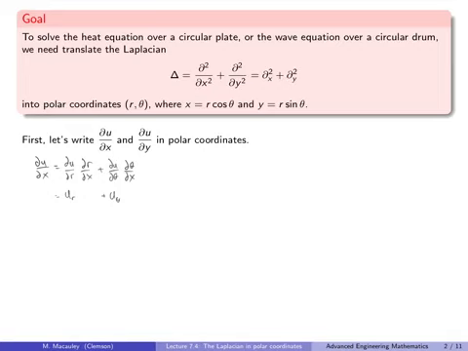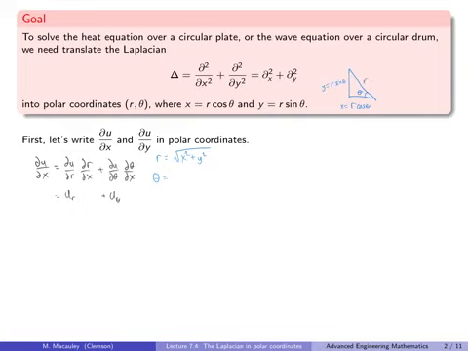Recall that r equals the square root of x squared plus y squared. Let me write down why this is. Suppose we have a triangle here, and this is theta, and this is r. This is the x coordinate, which is r cosine of theta, and this is the y coordinate, which is r sine of theta.